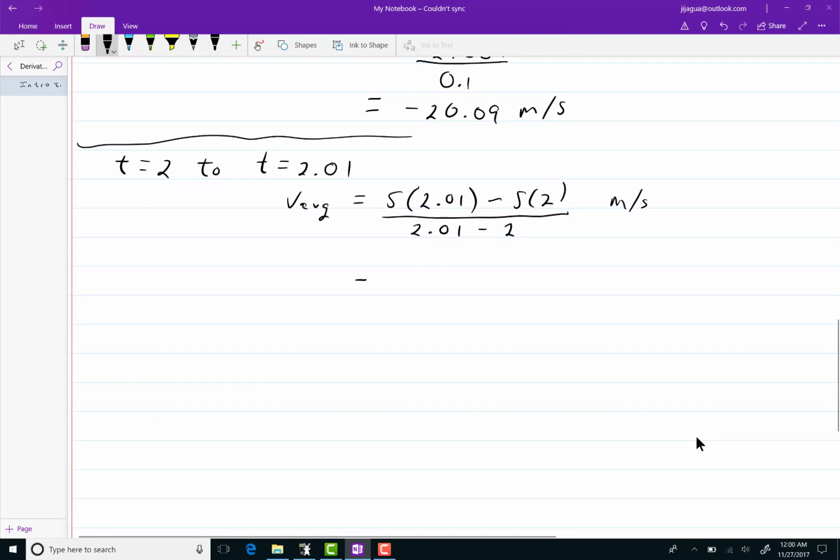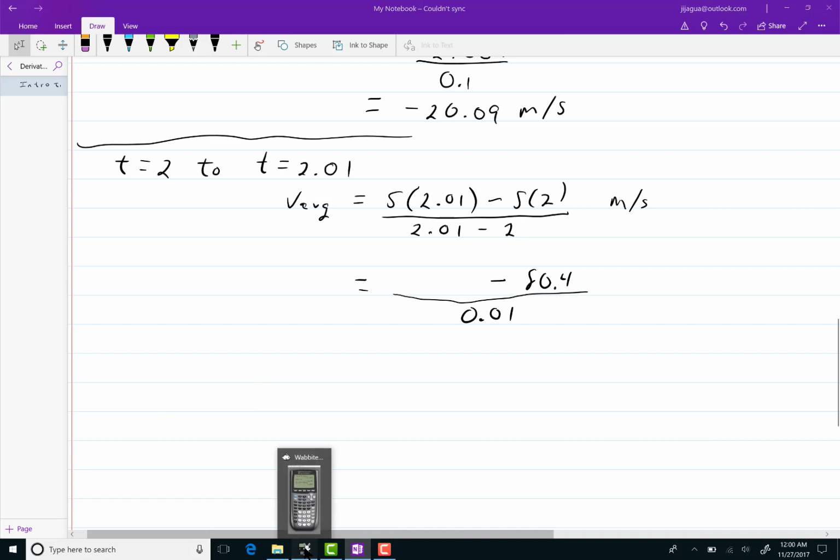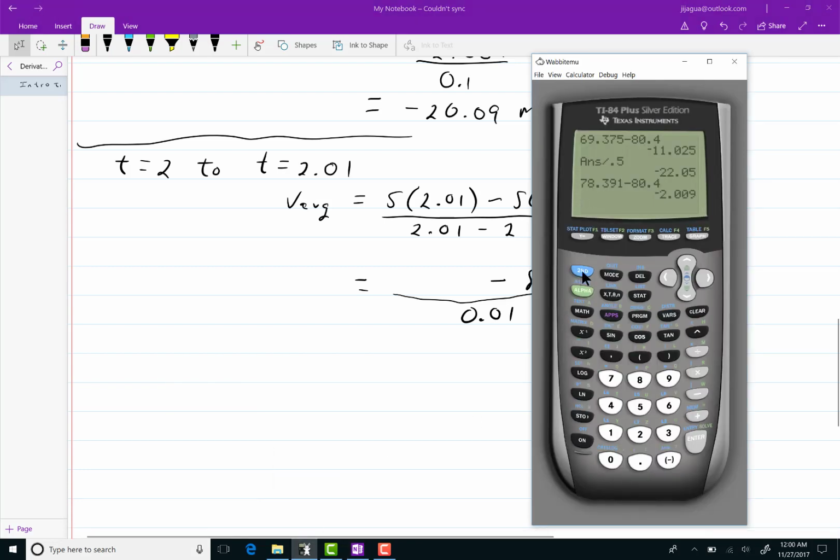This equals, and once again, we know all the numbers except s of 2.01. S of 2 was 80.4. The denominator is easy to do. Now all I need is s of 2.01. So I'm going to go back to my calculator, go to the table and increment it to be 0.01.